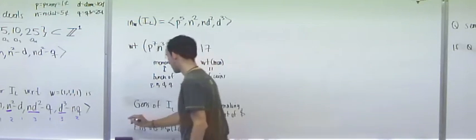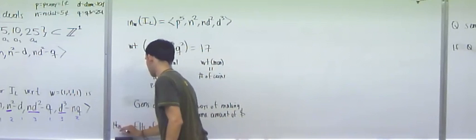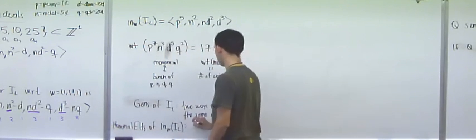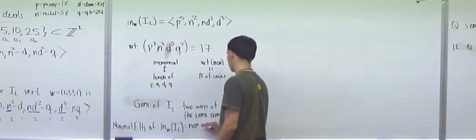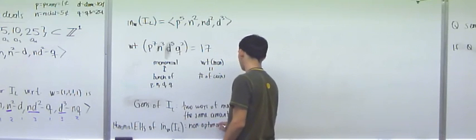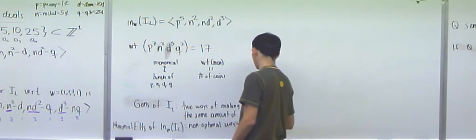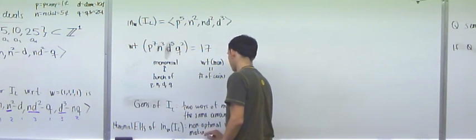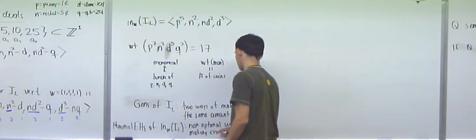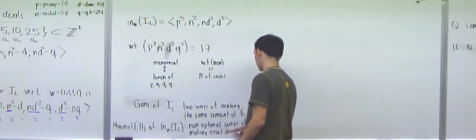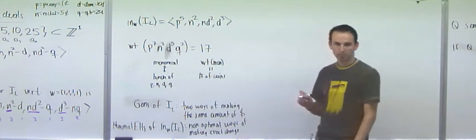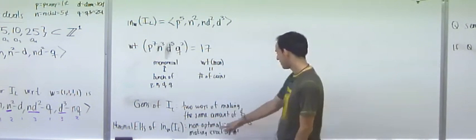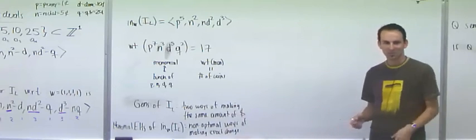So monomial elements of the initial ideal correspond to non-optimal ways of making exact change. Okay, so let me read this for you. Non-optimal ways of making exact change.